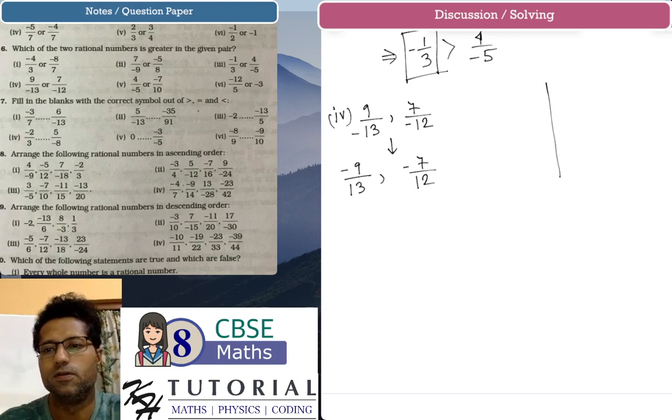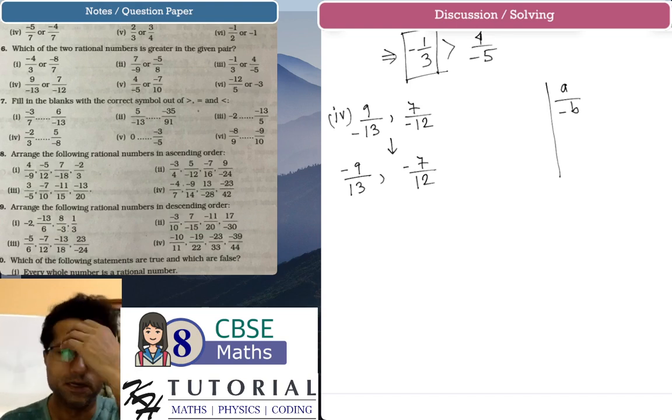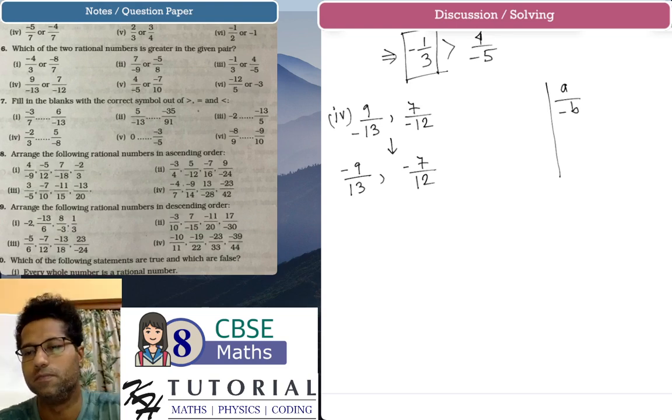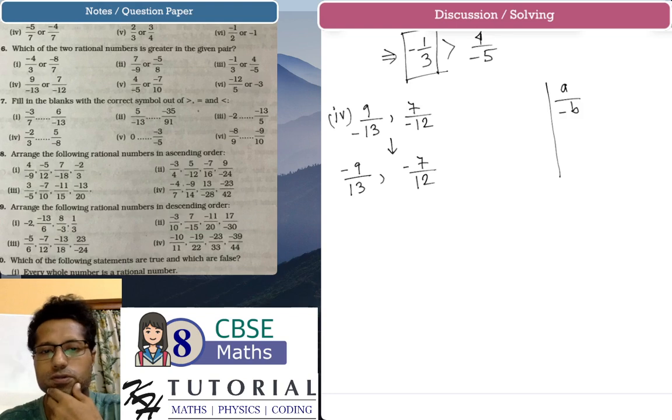That is, whenever you have any rational number where the denominator is negative, let's say I have something like this, a by minus b, where b is a positive integer, so definitely minus b will be a negative integer. Any rational number in the form a by minus b, where b is a positive integer, how do we convert this so that the denominator becomes positive?